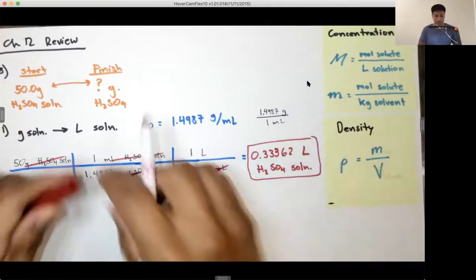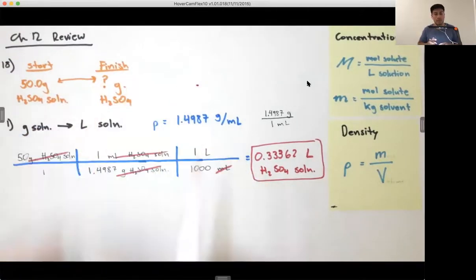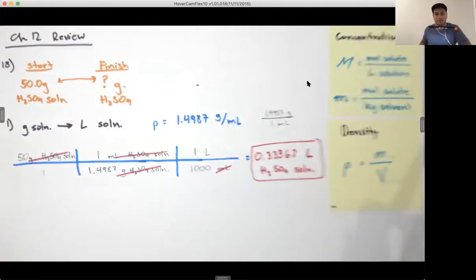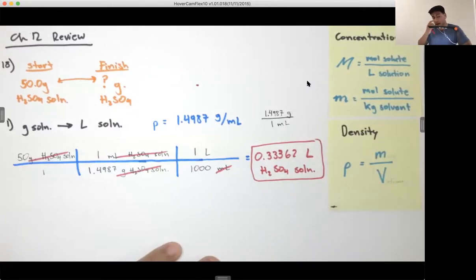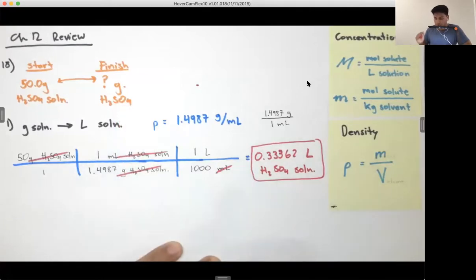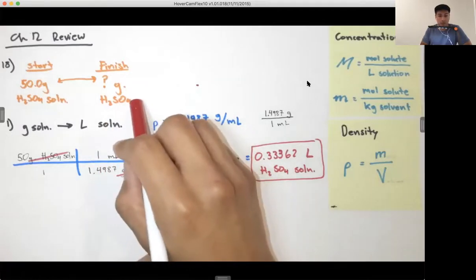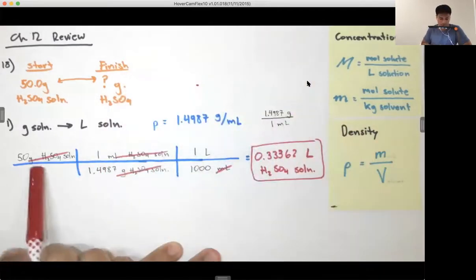Is that what I'm supposed to finish with? No, what am I supposed to finish with? Grams of H2SO4, exactly. Now, I don't want to finish with grams of H2SO4 solution, because that's what we started with.